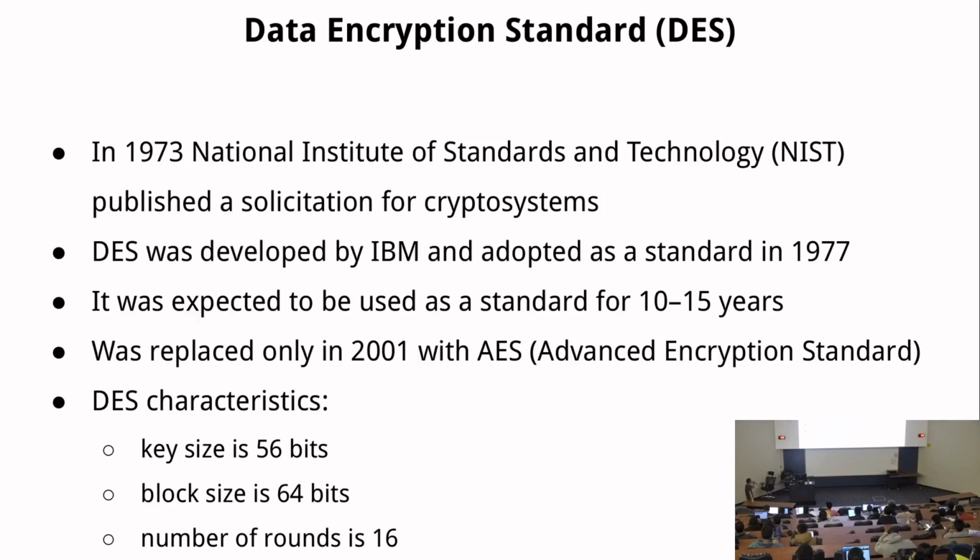So DES was first developed by IBM back in the 70s, then adopted as a standard also in the 70s. Usually how it works is some organization like the National Institute of Standards and Technology will publish a solicitation for crypto systems.